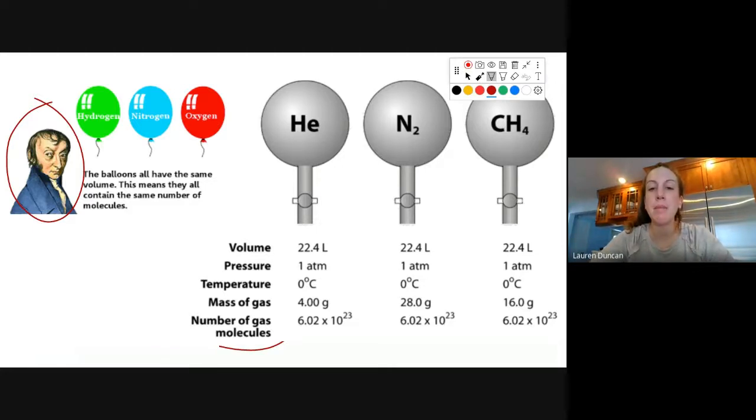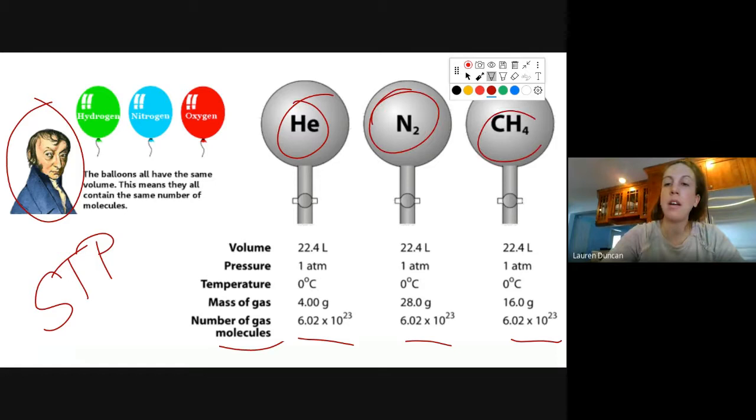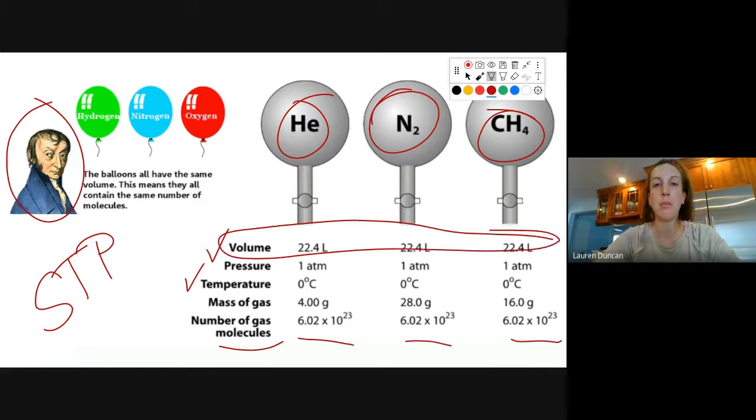Avogadro basically came up with the concept of the mole, and in addition was able to say this. He was able to say, okay, if you have a mole of gas molecules, 6.02 times 10 to the 23rd of them, and those gas molecules are at STP, the same temperature and the same pressure, that 1 mole of gas molecules of any gas is going to occupy 22.4 liters of space.